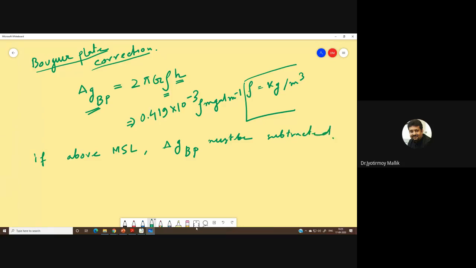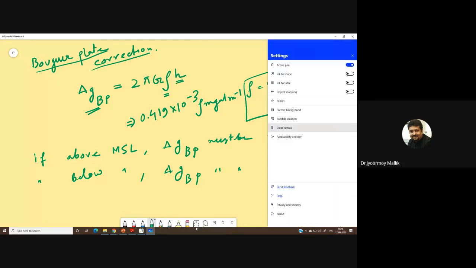And if it is below the mean sea level, I mean under the sea, then delta G BP must be added. We explained why yesterday.